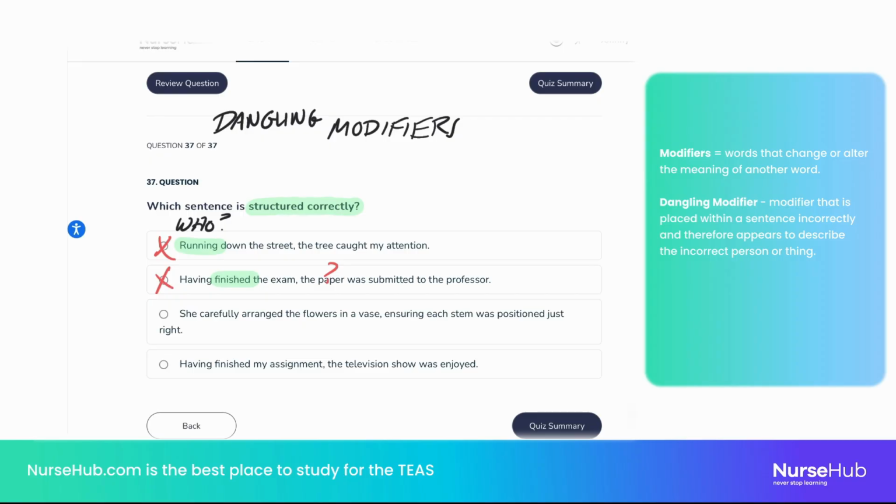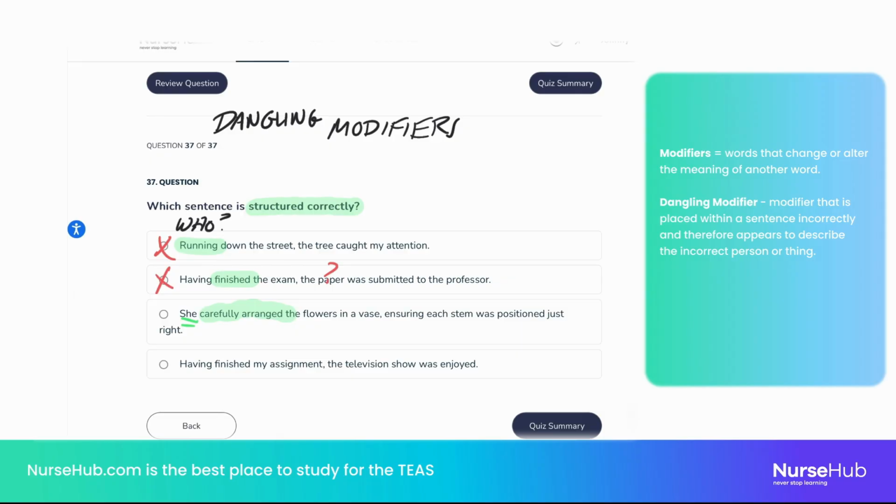Now this one, she carefully arranged the flowers in a vase, ensuring each stem was positioned just right. So here we have carefully arranged the flowers. Now we know who carefully arranged the flowers because it's she. So far I feel good about this one, but let's move on to the last because there might be one better.